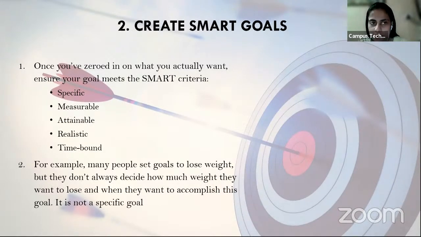The goal should be very specific. If I say in one line that I want to reduce 20 kg of weight, that is my goal, it's not a specific goal. If I say I want to reduce 4 kg weight every month, that makes it specific.